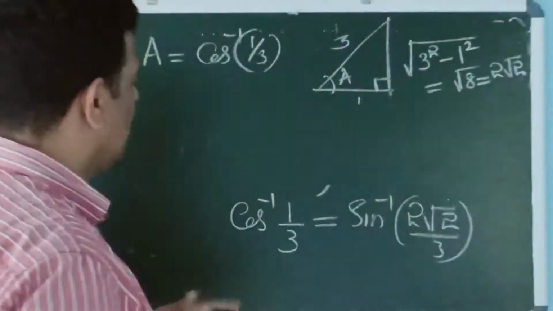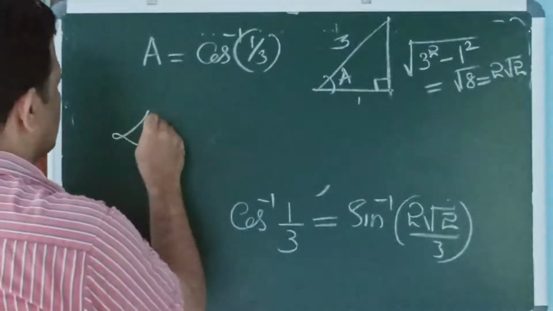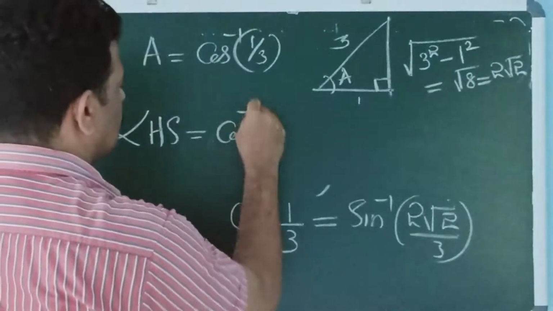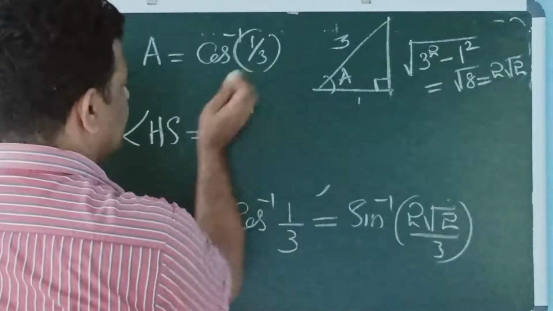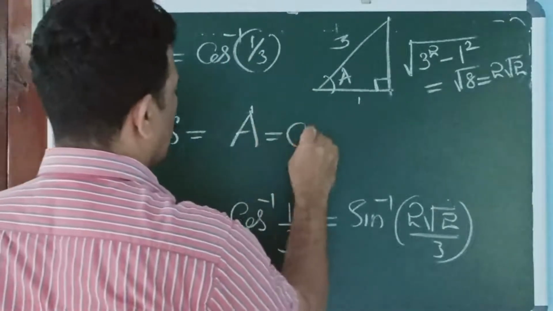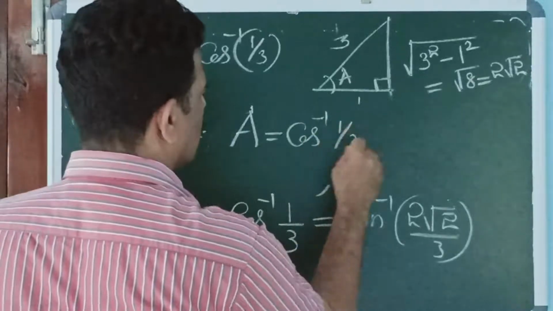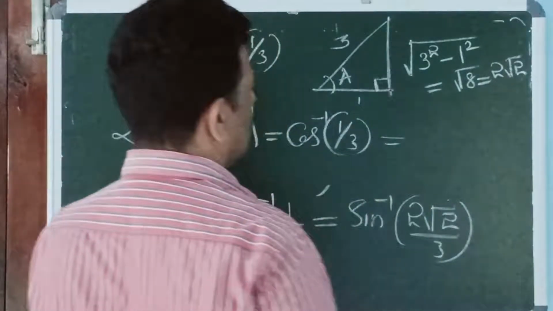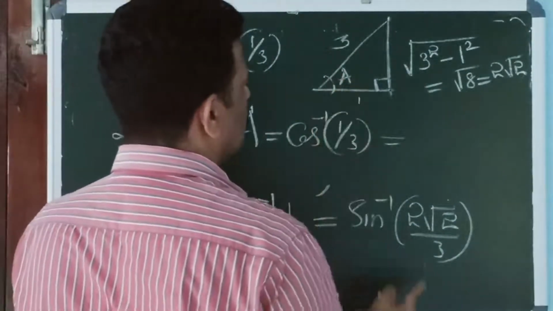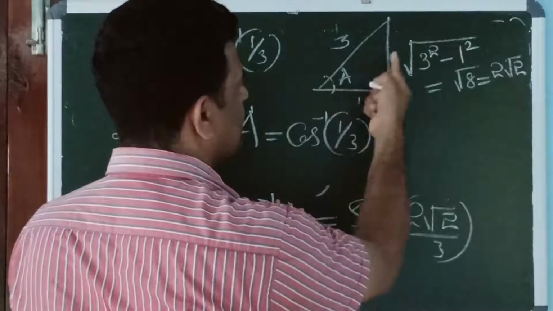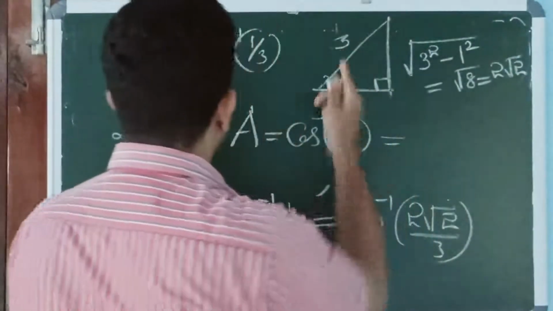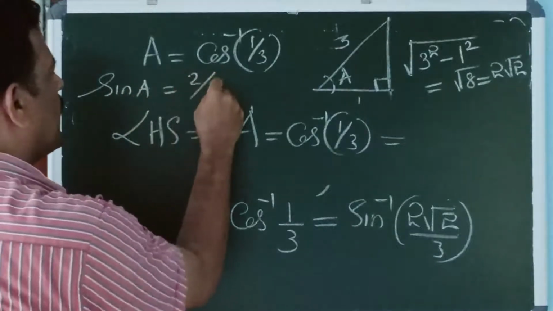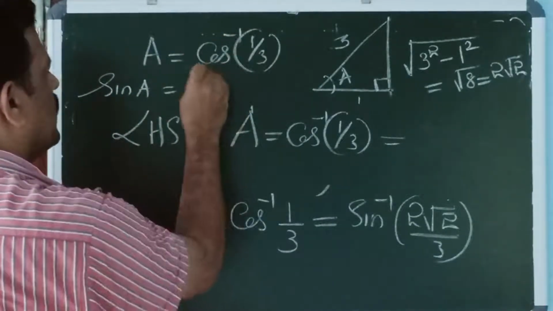Now, the left hand side is cos inverse 1 by 3. That is, the left hand side is A, which is equal to cos inverse 1 by 3. From this triangle we get sin A is equal to 2 root 2 divided by 3.